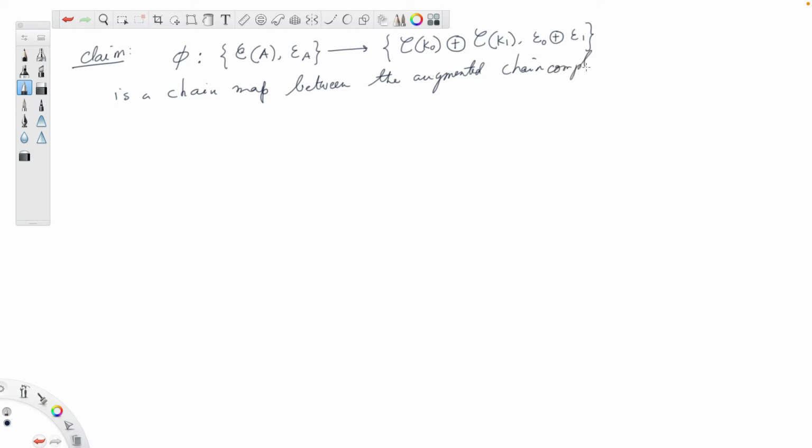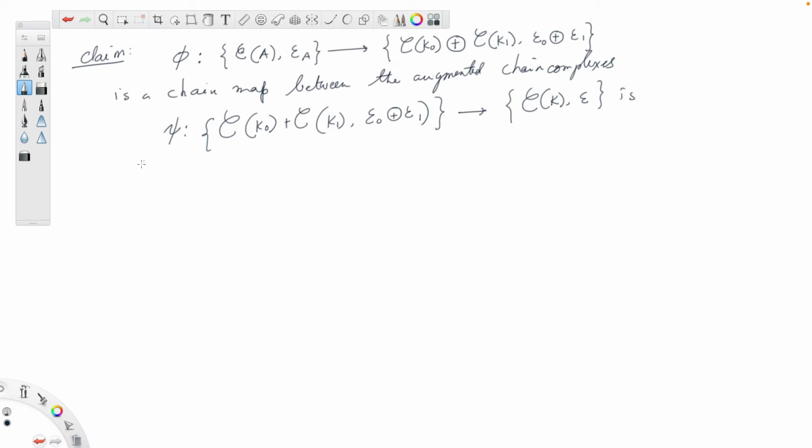Chain complexes, and also psi from this chain complex to the chain complex C of K, comma, epsilon, is another chain map between the respective augmented chain complexes.